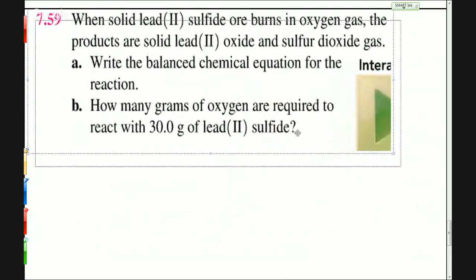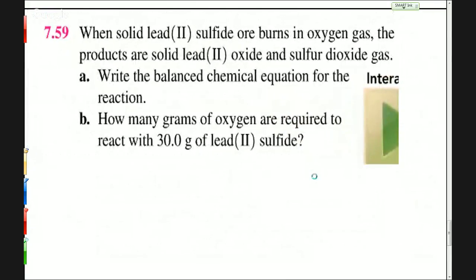And this is why these things are useful and powerful, is that we can look at something like this. When solid lead sulfide, lead 2 sulfide ore, burns in oxygen gas, the products are solid lead 2 oxide and sulfur dioxide gas. So a chemical process is being described.